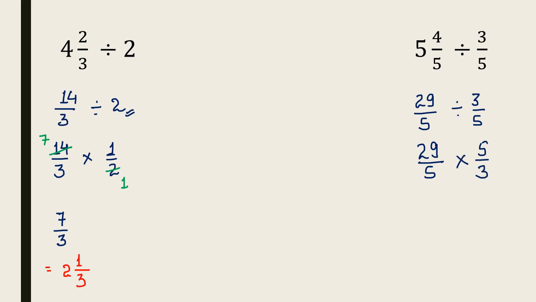Put multiplication sign. You can see a common factor, that is 5 and 5. Cut them. 5 ones are 5, 5 ones are 5. Now in numerator 29 is left and in denominator 3 is left. Convert this improper fraction in mixed fraction. So it will be 9 whole 2 upon 3.